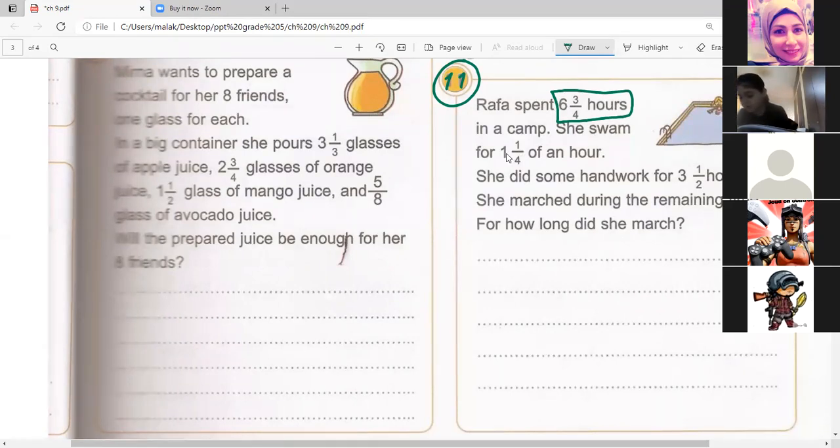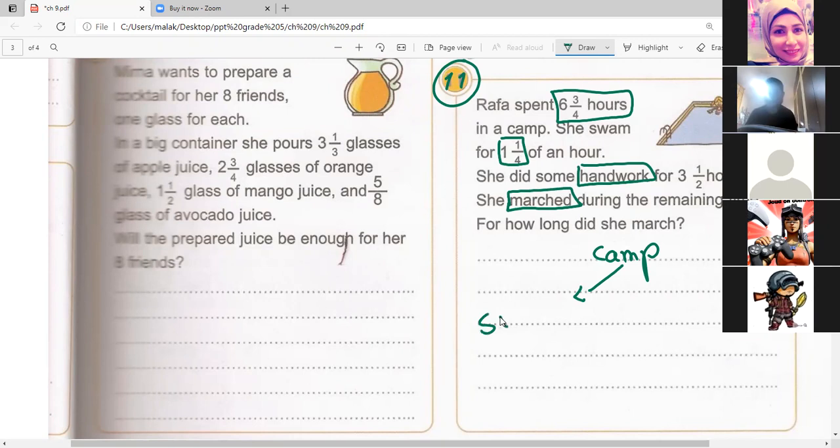She swam for 1 and 1 over 4 of an hour. She did some handwork activities and she marched. Do you know what I mean by marched?